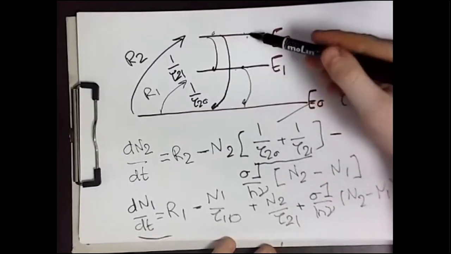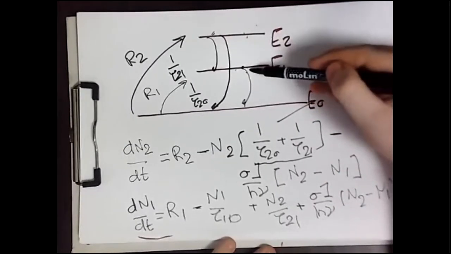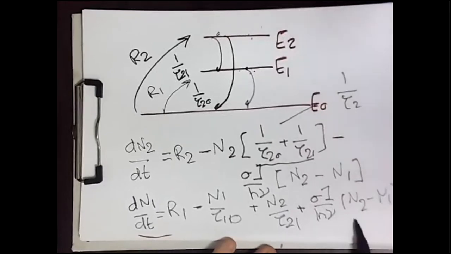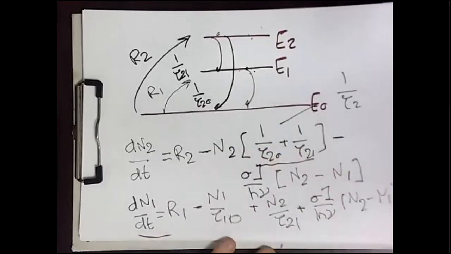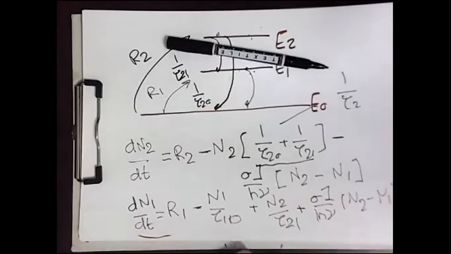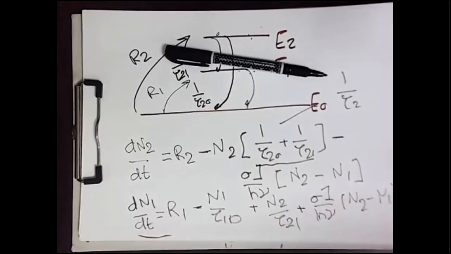Because here the stimulated emission will act to increase the population in E1, and the absorption will act to decrease the population of N1. That's why it has a different sign with respect to the first equation. So these are the main two equations that are used to express the variation in the population with respect to time for the two energy levels E1 and E2.